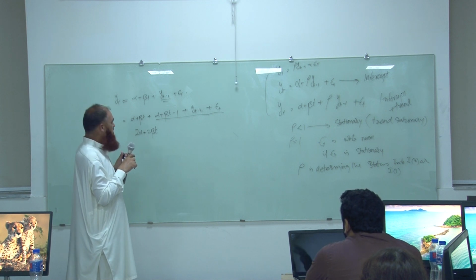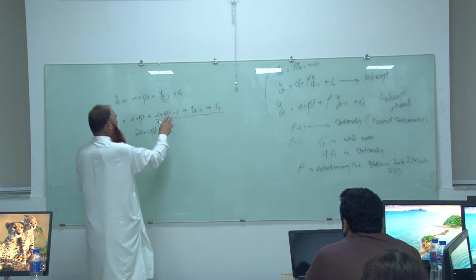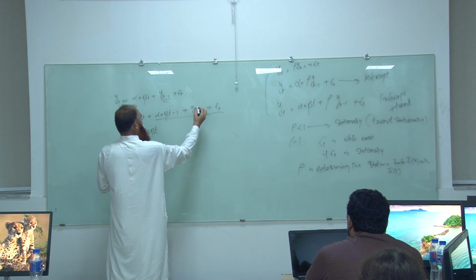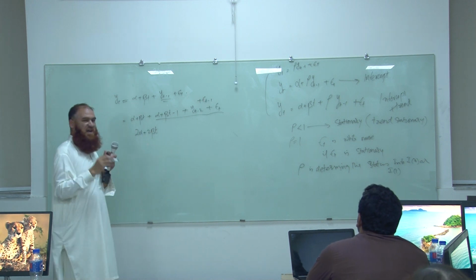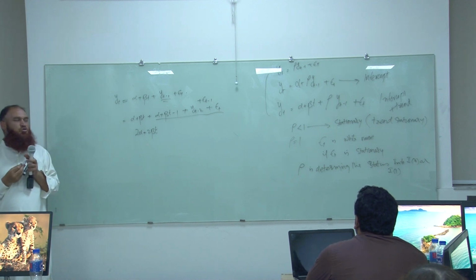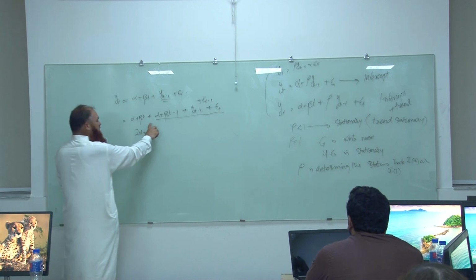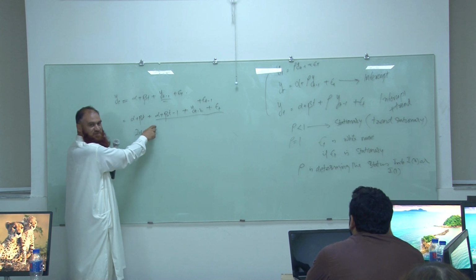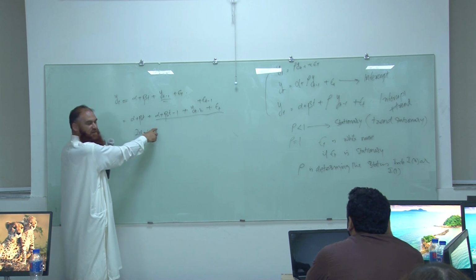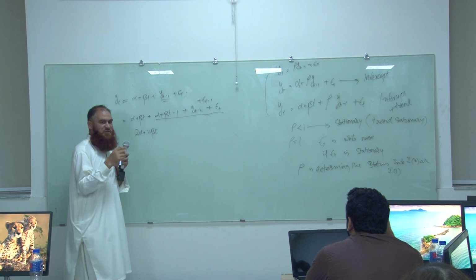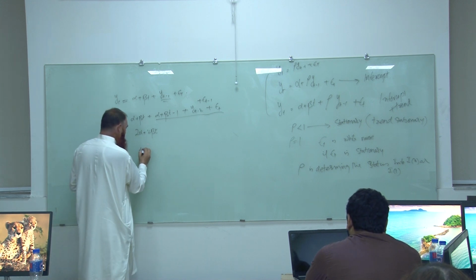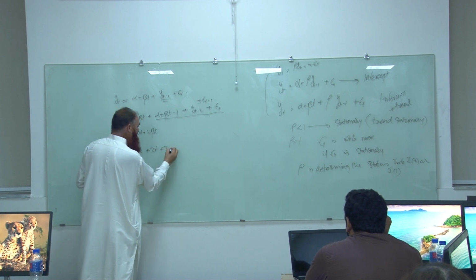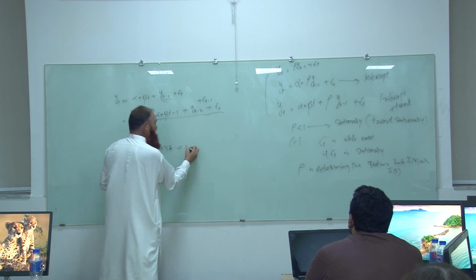Here there will be epsilon t minus 1 also. And in this way, if you back substitute every time, you will get accumulation of this. Okay. And basically this becomes t plus 2t plus 3t plus 4t and so on.